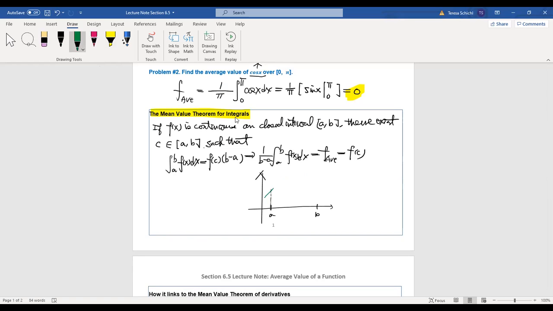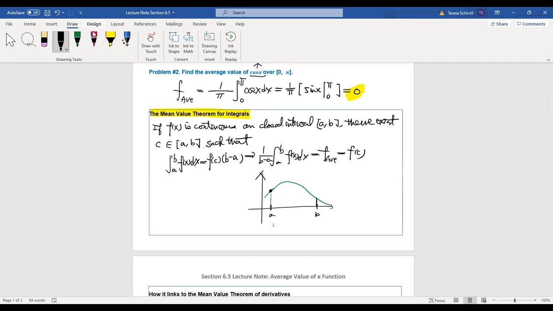So this is the function f of x. This is A and this is B, and this is f of A, this is f of B here.